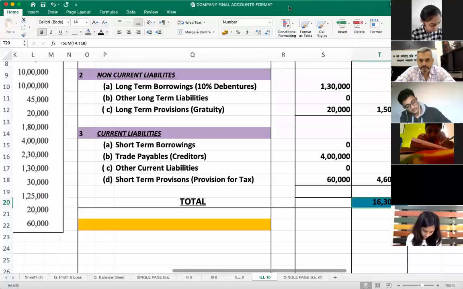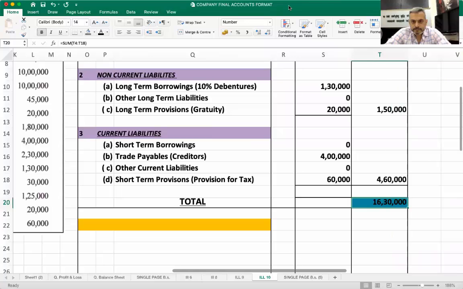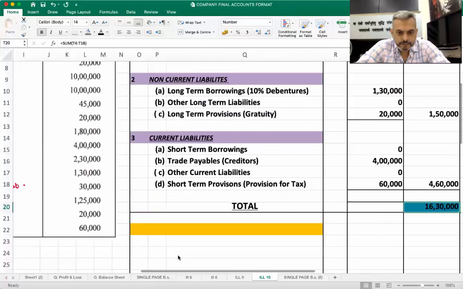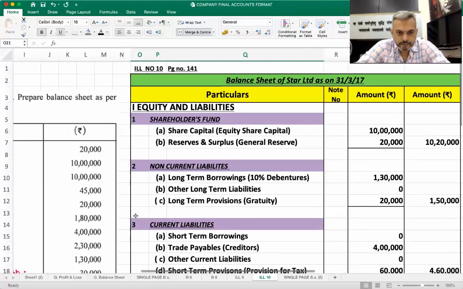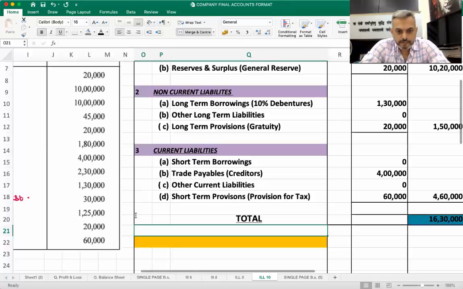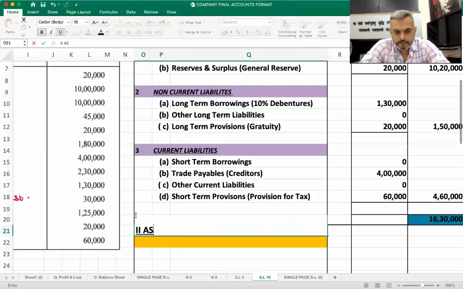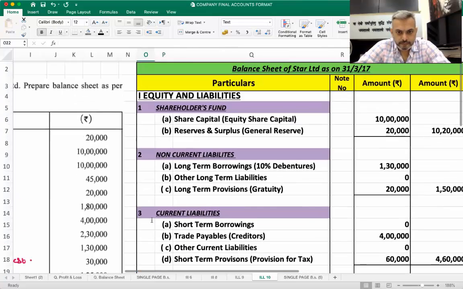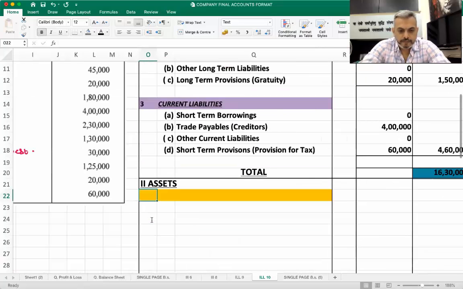यहाँ तक हो गया सबका. Assets, non-current assets.